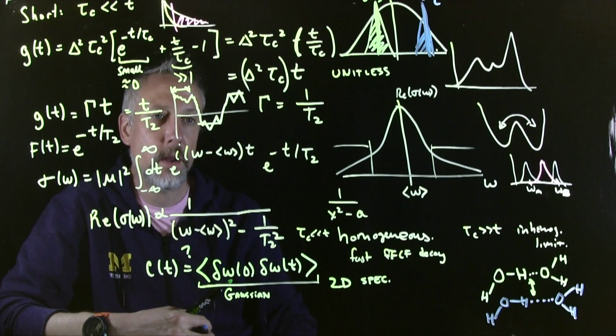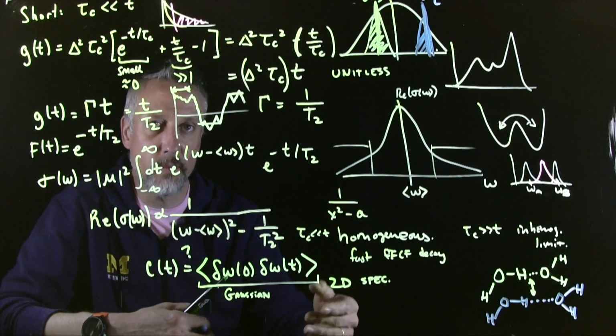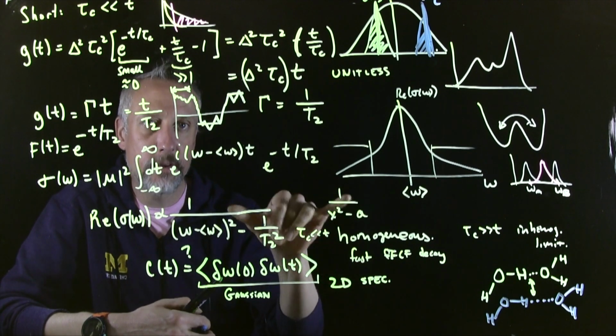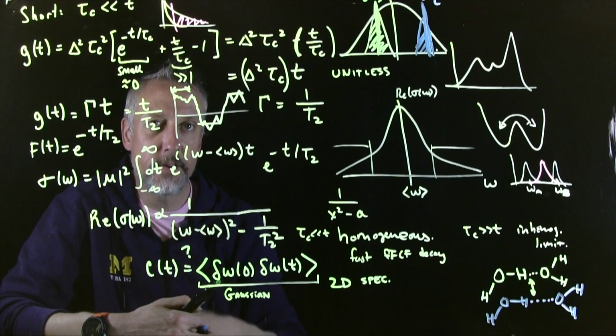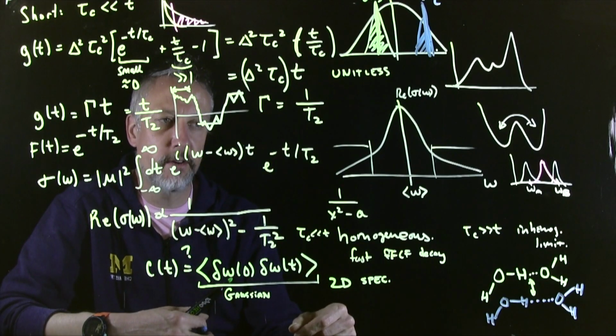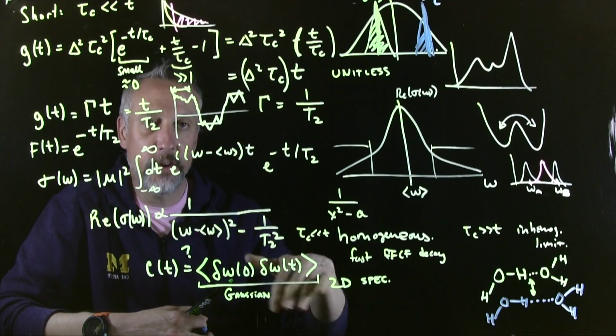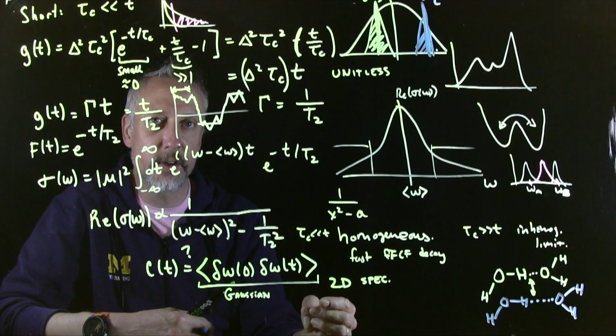All right, so obviously there's too many spectroscopy methods to list them all. All the methods are described by the response functions that we derived. You pick the appropriate one for the kind of spectroscopy that you're interested in, and you'll notice there's certain correlation functions. For the linear one, it's a dipole moment correlation function.